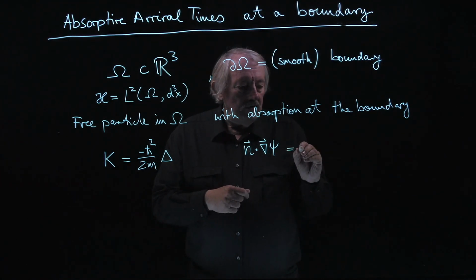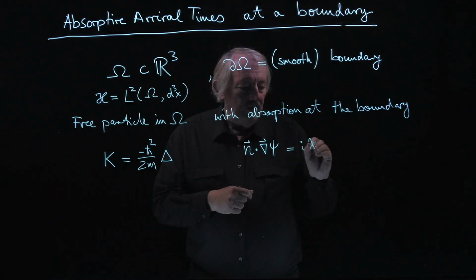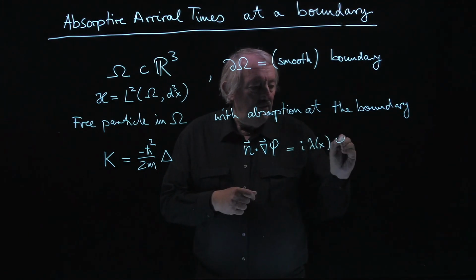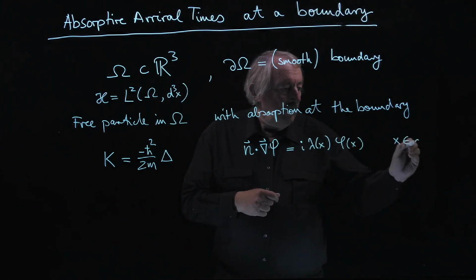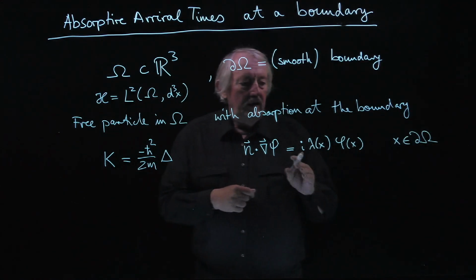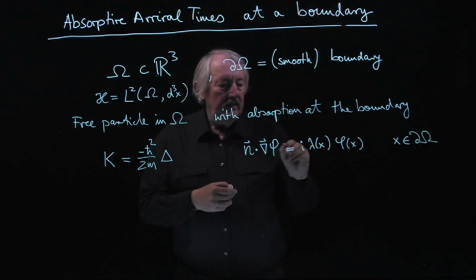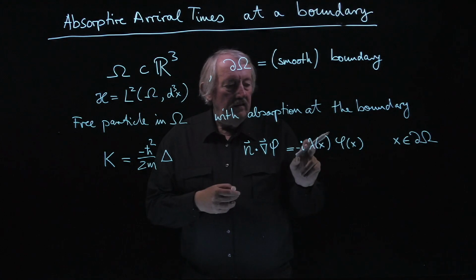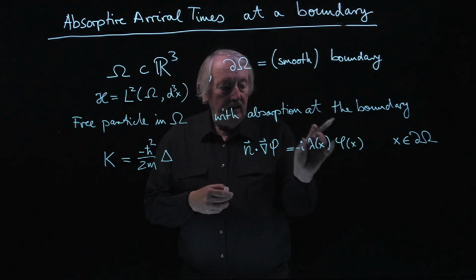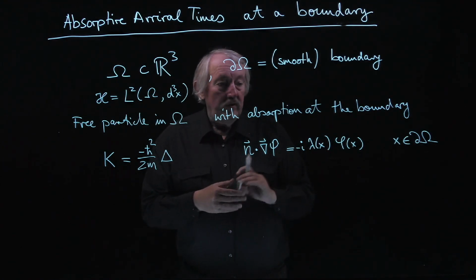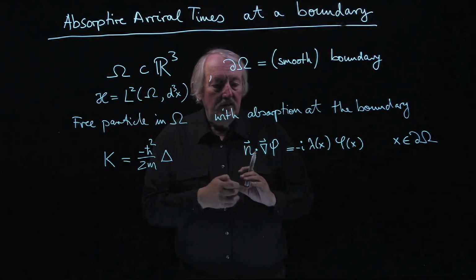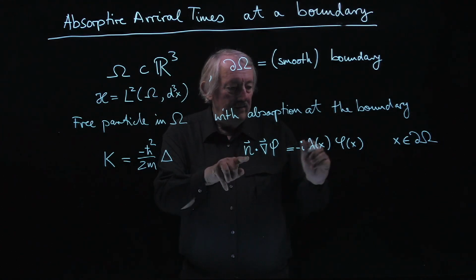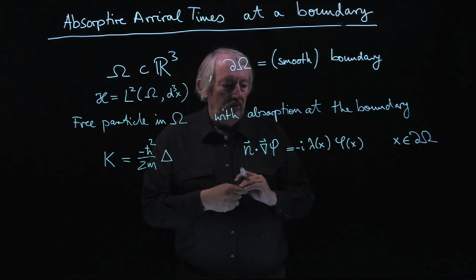And that is supposed to be some function, for x on the boundary, it will be some relation like that. And we take a minus sign here, then we'll see later the function lambda is going to be positive if we want absorption. It would be negative if we have the opposite. And of course, that sign will change when we change the convention about the normal.